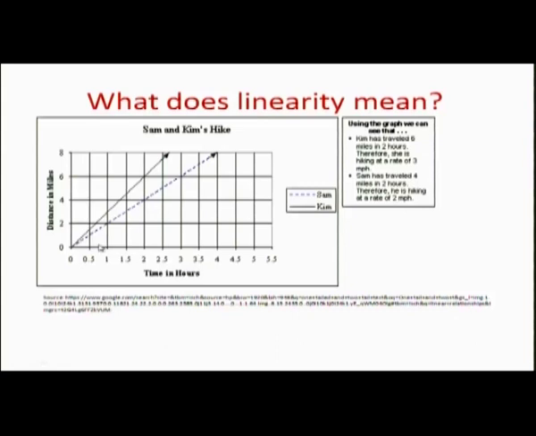Now, when x changes from 0 to 0.5, there is a change of 0.5 in x, and this is the change in y. When x changes from 3.5 to 4, again the same change in x. The change in y in that case is exactly the same as the change between 0 and 0.5.